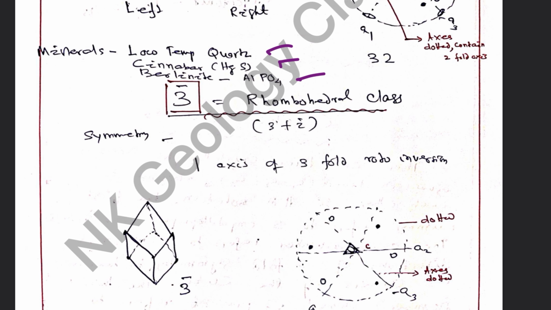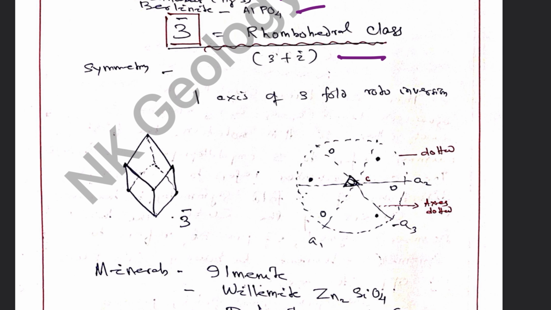Then 3 bar, it is rhombohedral class, equivalent to 3 plus i. It is a rhombohedron. It has 6 rhombohedral faces. 3 plus i has 1 axis of 3-fold, then we have the center of symmetry, and there are no other symmetry elements.